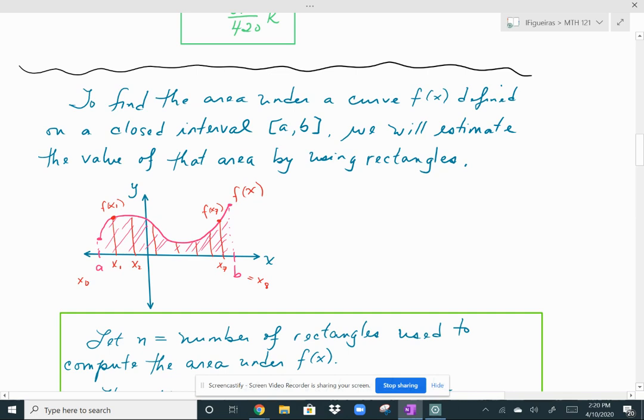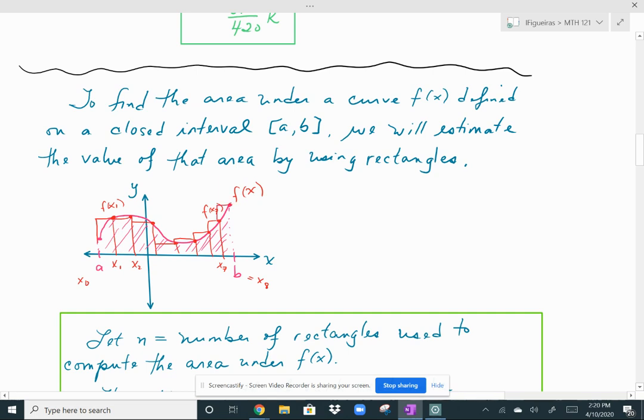So if you were to actually extend out each of these, you can see that I create a rectangle when I get the function value and extend it across to the previous rectangle. And so I get a bunch of little subrectangles in between the interval from a to b.